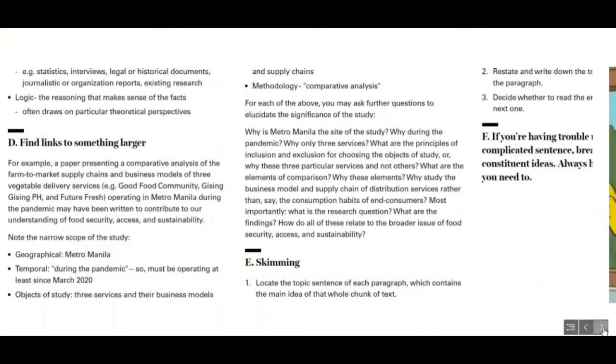So limit your geographical scope, limit your temporal scope, and these limits would help you curate or select very carefully what data you will be looking at in order to do your study. Because if you don't limit the geographical and temporal scope of your study clearly, you would end up reading all sorts of data.